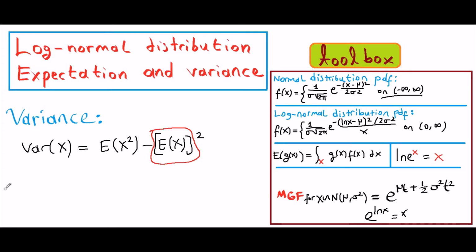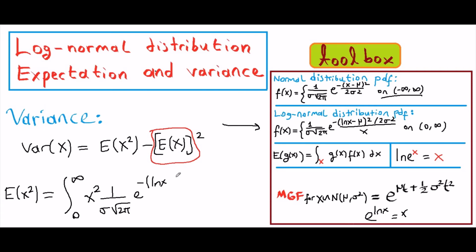The expectation of x squared by definition is equal to the integral over the region, which will be from 0 to infinity in our case, because our PDF is supported on 0 to infinity, of x squared times the PDF, which is 1 over sigma times square root of 2 pi, e to the negative ln of x minus mu, the quantity squared, divided by 2 sigma squared, all over x.